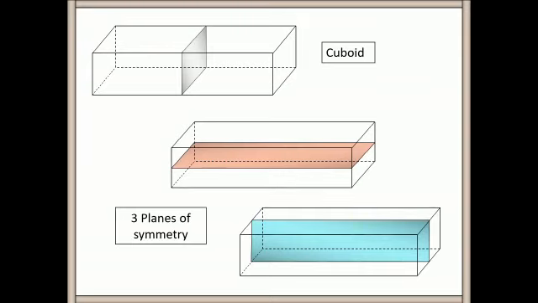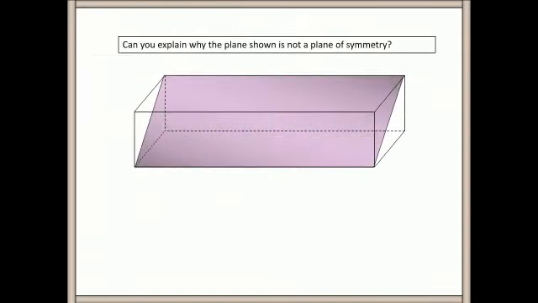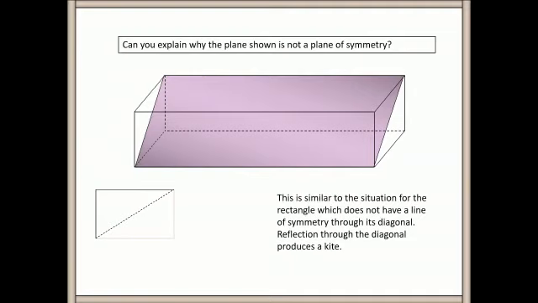Before the next shape, one more thing I have to explain to you. Is a diagonal-wise cut a symmetry of the cuboid? For that, we take the base shape. The base shape is a rectangle. We draw the rectangle here. The rectangle does not have diagonal-wise line symmetry.